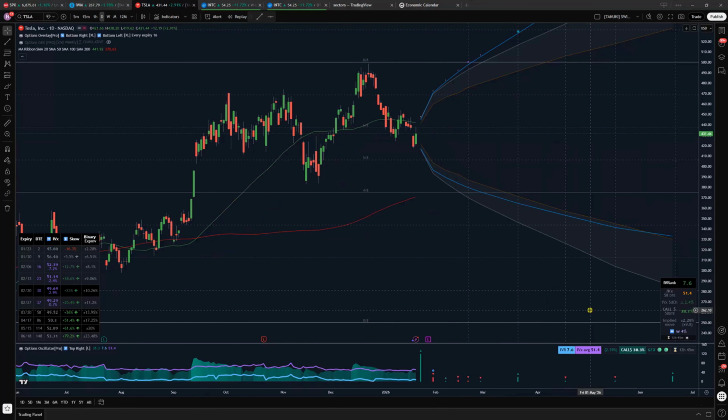What we can see in this example is that the market is overpricing call options in the case of Tesla, because the call pricing skew is 38.3%, which means that at the expected move level, call prices are 38.3% more expensive than put options. So that's how we can tell that the options traders for Tesla are overpricing call options. This is what is measured by the call pricing skew.